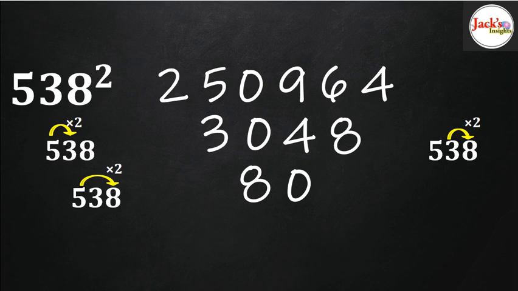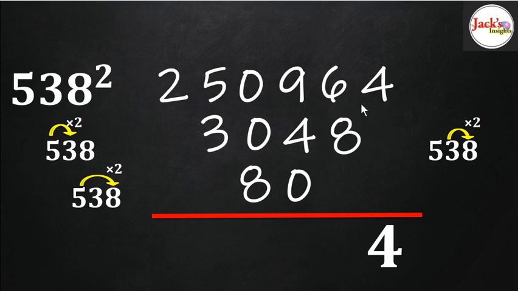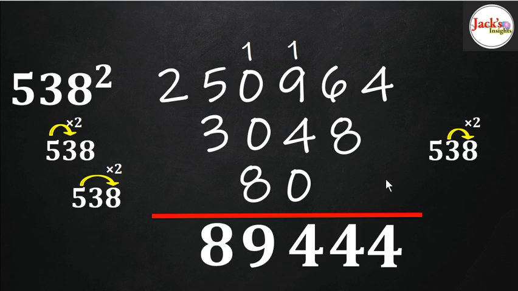And then perform the sum. Okay, so we bring down 4. And then 6 plus 8 is 14. That is 4, carry 1. 1 plus 9 is 10 plus 4 is 14. That is 4, carry 1 also. 1 plus 8, that is 9. And then 5 plus 3 is 8.